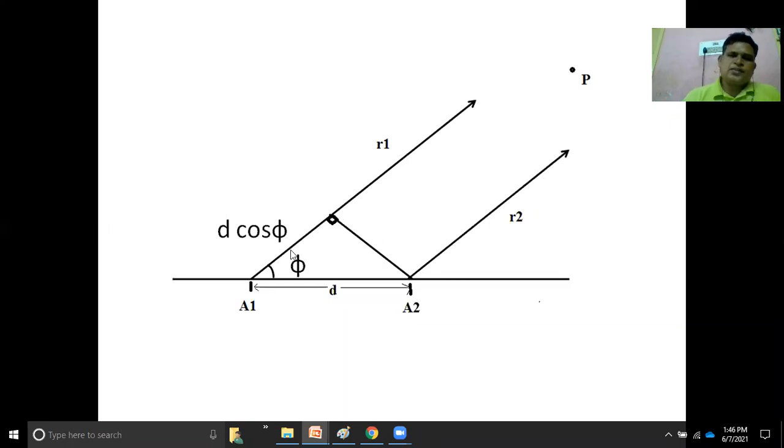The extra distance these electromagnetic waves travel is called the path difference. The path difference is d cos phi.